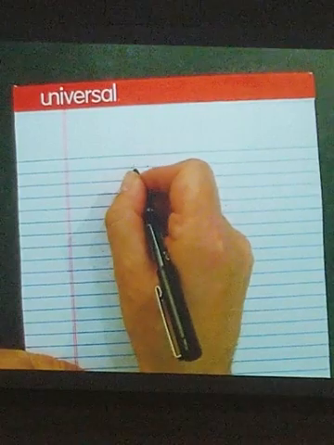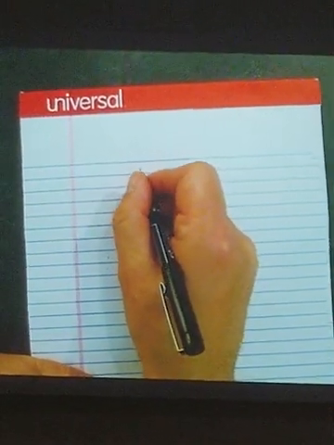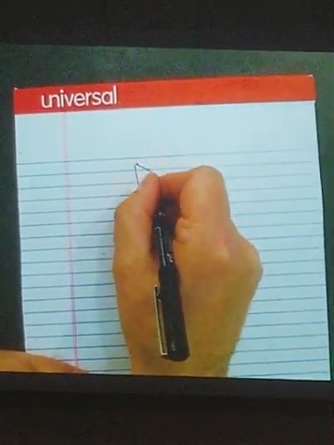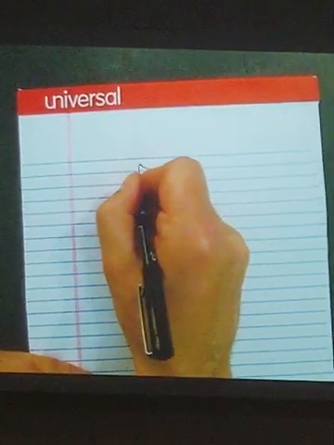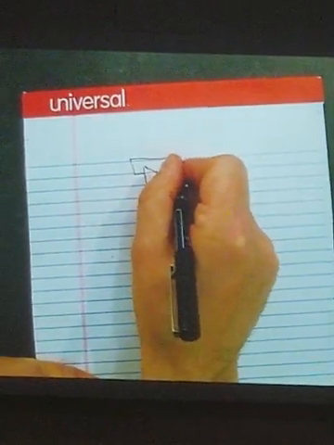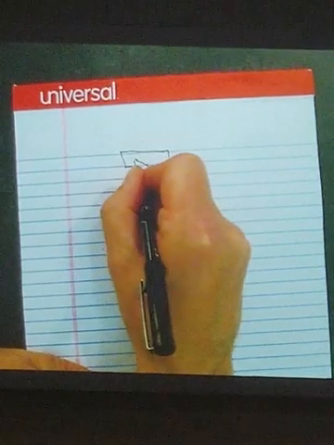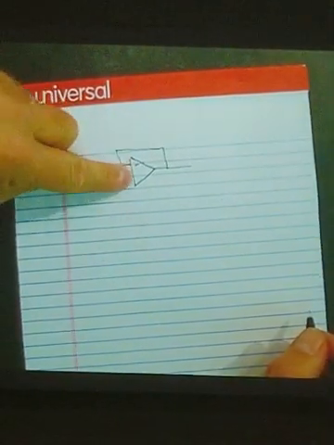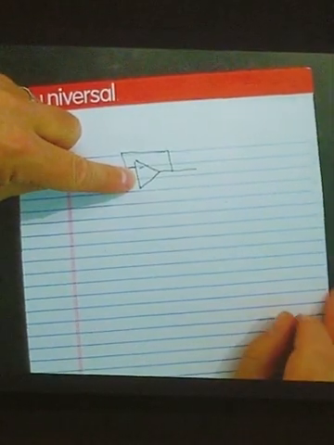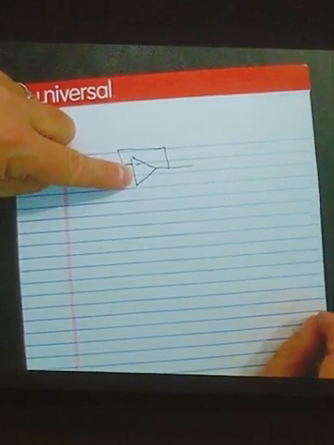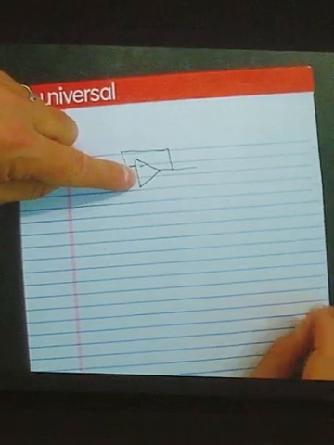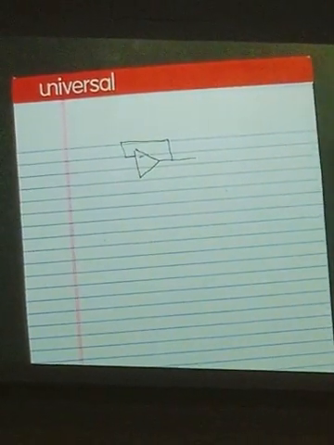So, the way we think of this 741, it's too complicated to think of all the different noise sources in here. We have a good theoretical understanding of the noise associated with transistors and such for my lifetime.